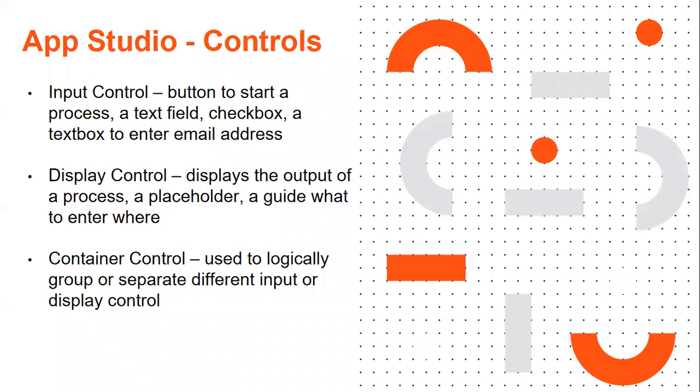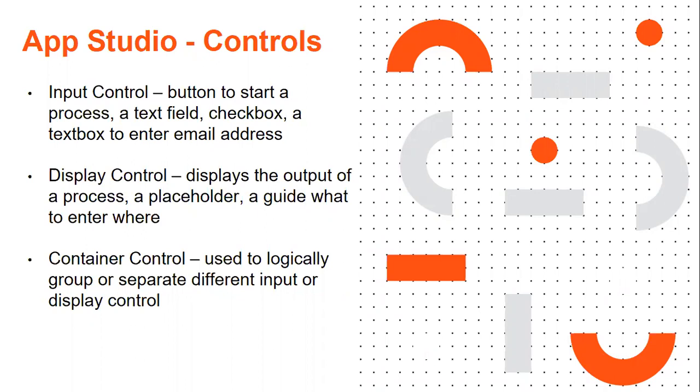So that's what container control does, it logically groups or separates different input or display controls. Now, once we have controls, each control has its own properties. So input control will have its own different set of properties. Display control will have its own different set of properties.